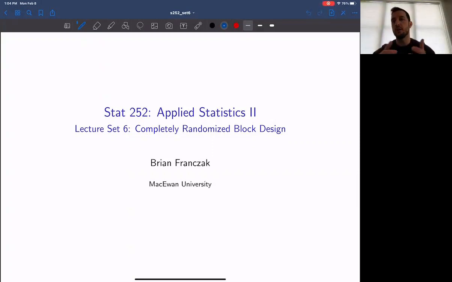4. We have a collection of means, so 3 or more population means or 3 or more treatment means, depending on how you want to think about an ANOVA problem. And we want to determine if there is evidence of a difference among the means in our population or among the means in our experiment, again, depending on how you want to think about it.